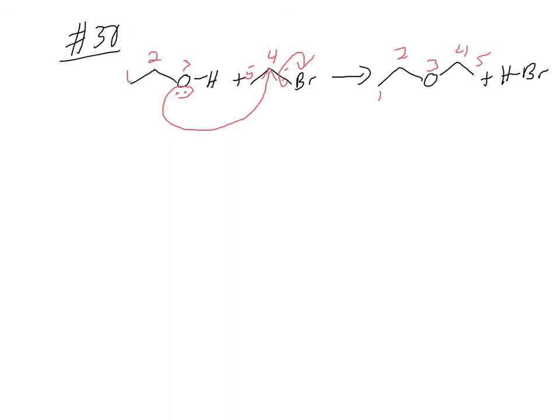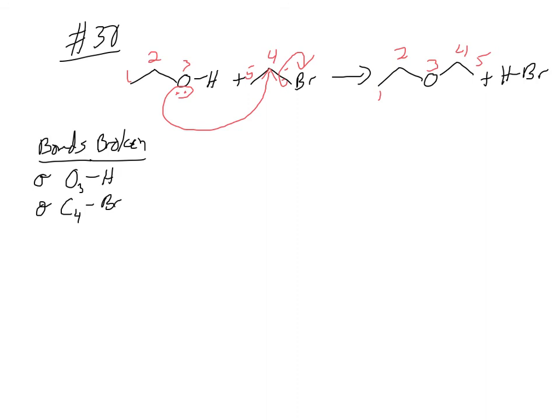All right, so let's just take a step back again. Which bonds do we need to break? The sigma bond from O3 to hydrogen. So O3 to H, that bond needs to break. What else needs to break? Sigma C4 to bromine.